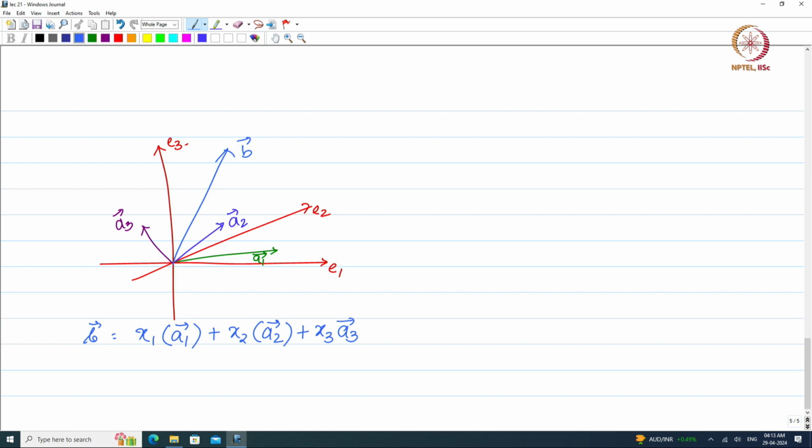Now, what we are going to do is see what it is to say that we do not have a unique solution, that we are going to have infinitely many solutions or no solution. So, let us look at what that means. Okay.